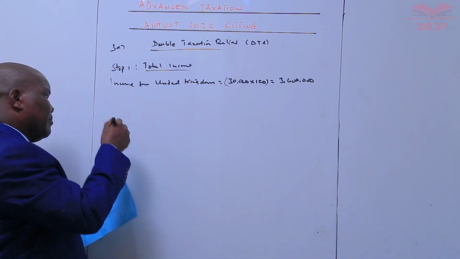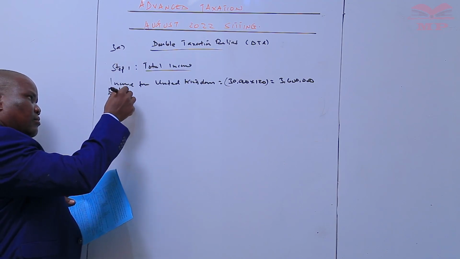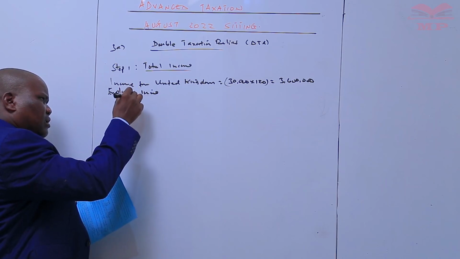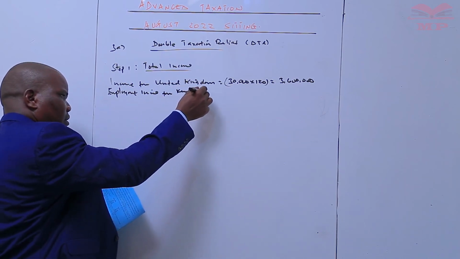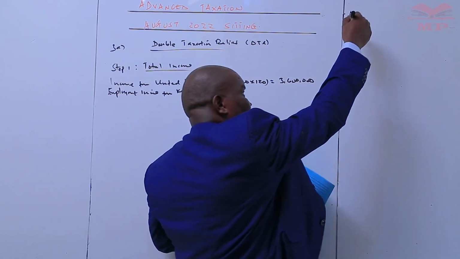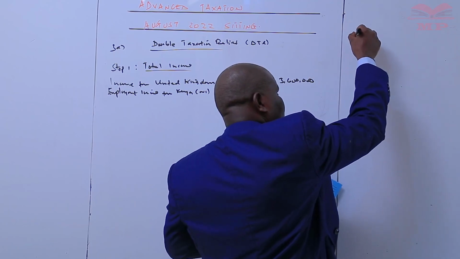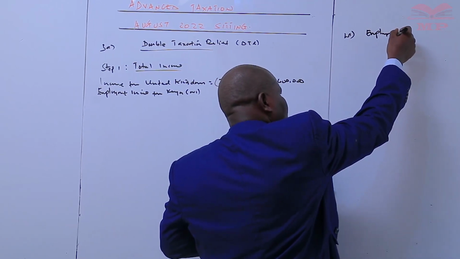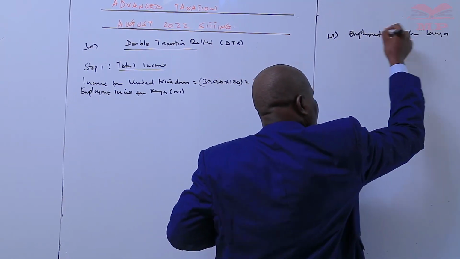2, we have employment income from Kenya. This requires a small working because there are a number of items. Let's run that small working. Employment income from Kenya.